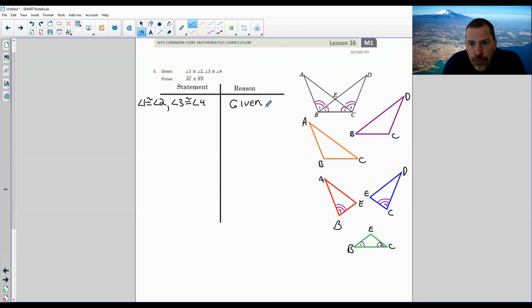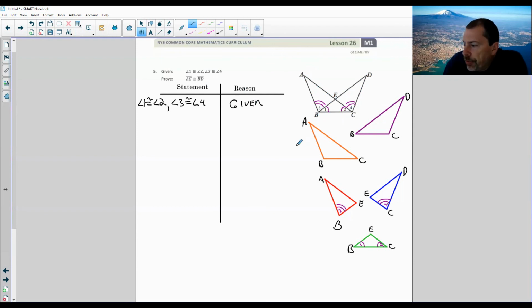So we're trying to prove AC, that's this line segment here, or side of this triangle, is congruent to BD, this triangle here. So we're trying to prove this congruent to that using this diagram.